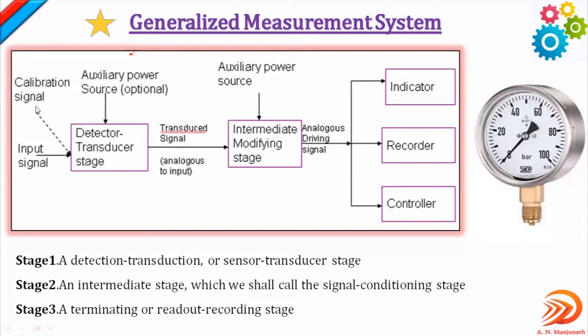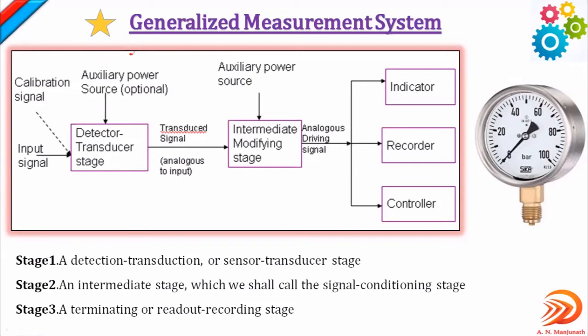You can observe here there is a calibration signal. That represents that even though it is a detector, like a sensor which senses the input signal, it should be insensitive to any other sort of noises. It should sense all the signals that have the strength to be converted into a value.